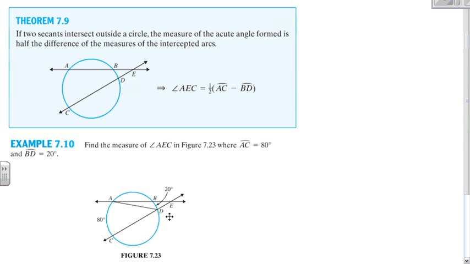So here we have arc BD is 20 degrees and arc AC is 80 degrees. Find the measure of angle AEC, which is the angle right there formed by the secants. And that will be 1/2 the difference of the arcs. So that's 80 and 20. 80 minus 20 is 60. Half of 60 is 30 degrees.